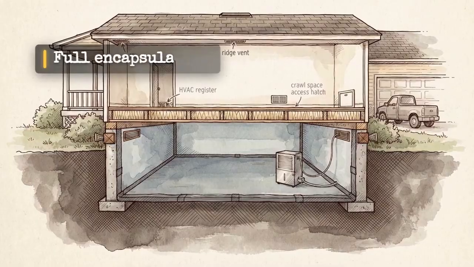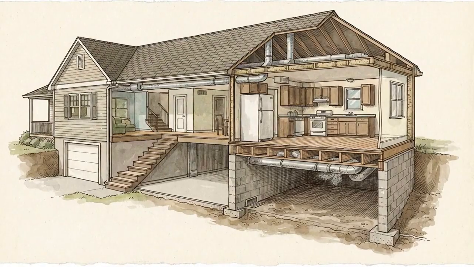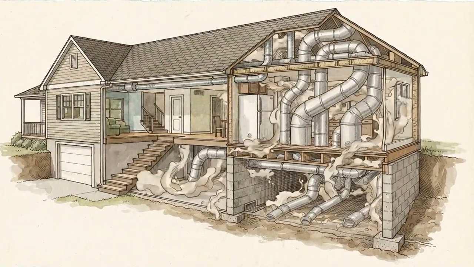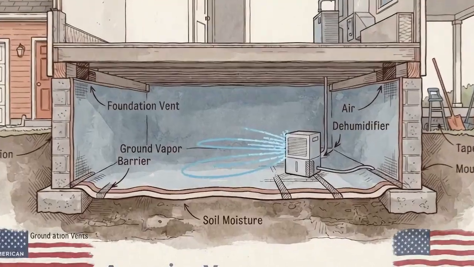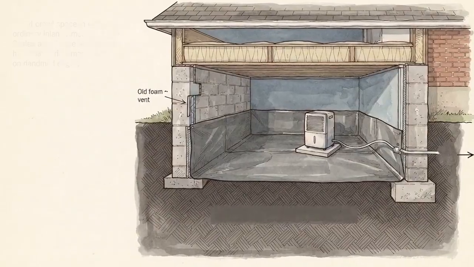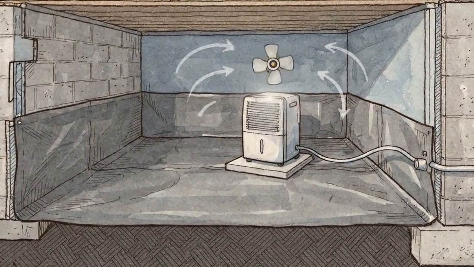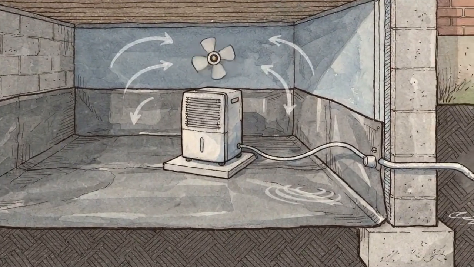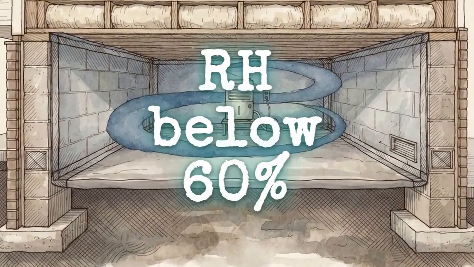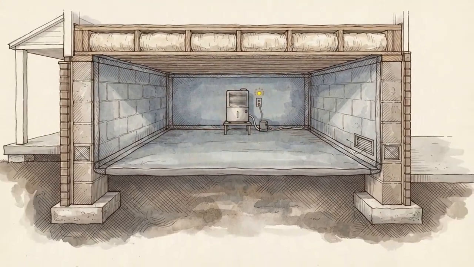The third intervention is full encapsulation. A sealed crawl space is the solution that ASHRAE and the Building Science Corporation consider definitive for humid climate zones. It requires a heavy-duty vapor barrier fastened to the foundation walls, all vents permanently blocked, and a dehumidifier or conditioned air maintaining relative humidity below 60%.